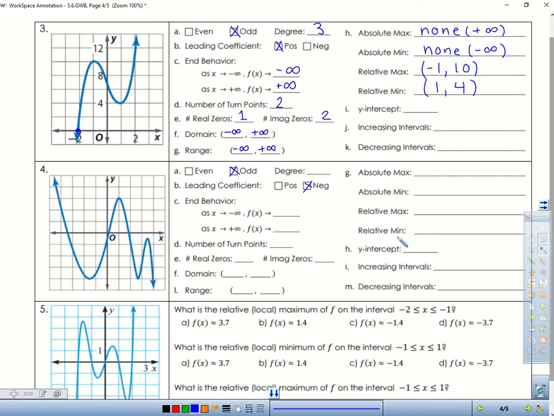The min? What's the y-intercept? It's not at 6. It's at 7, yeah. Does everyone see why it's at 7? Yeah. And then increase, decrease, so it's going up here. And it stops going up here.